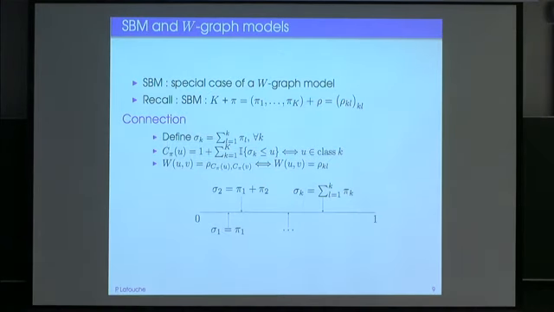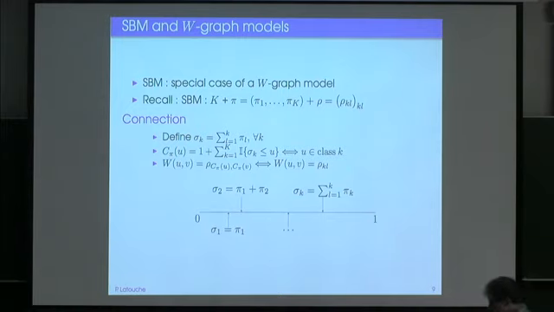Very interestingly, there is a connection between the stochastic block model and the W-graph model, and to illustrate this, we're going to discretize the [0,1] segment. Mainly, we're going to consider these random variables. For now, they're not random, but they will be in a minute. So sigma k are cumulative sums of cluster proportions. Sigma 1 is pi 1, then sigma 2 is pi 1 plus pi 2, and so on and so on.